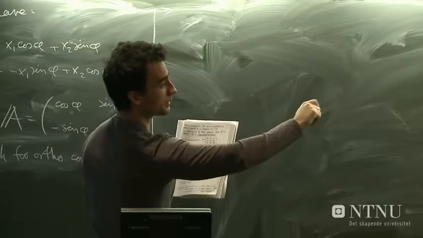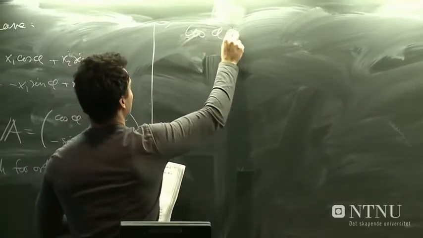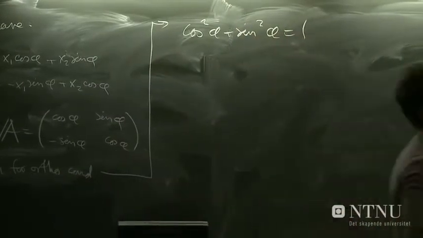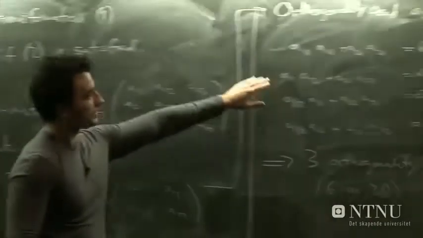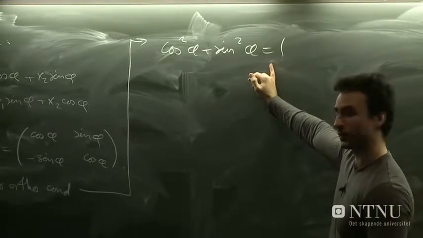The first one, this one, when inserting what A11 and A21 are, gives this.